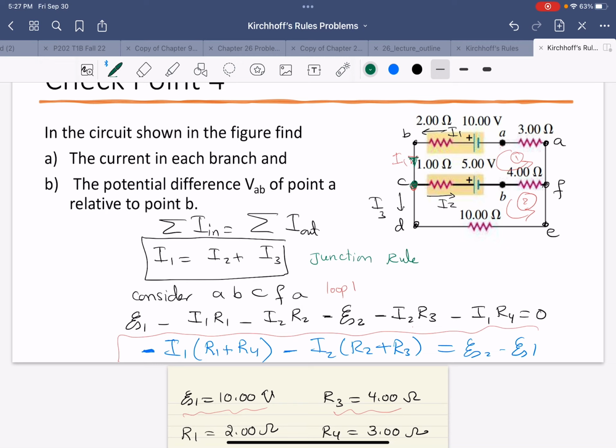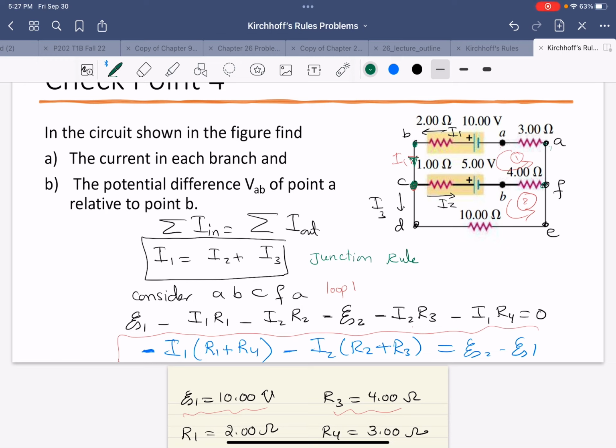Then I'm going to consider A, B, C, F, A. That is loop number 1. I will go through the first EMF, which is going to be plus EMF1.